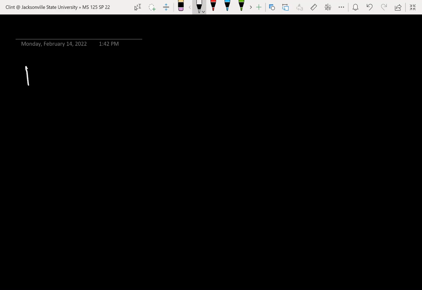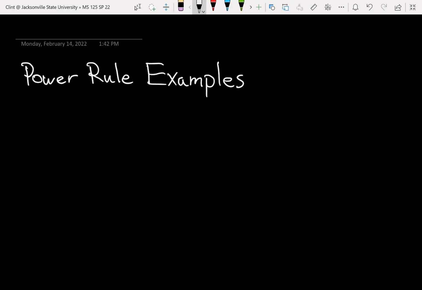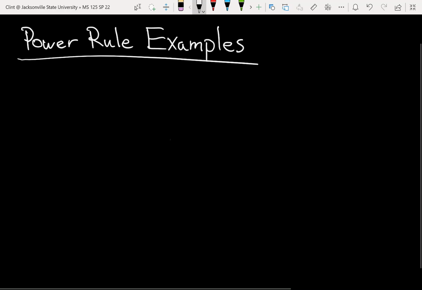So let's do some more power rule examples. Some of these we've already done similar ones, but it didn't hurt to look back at them.